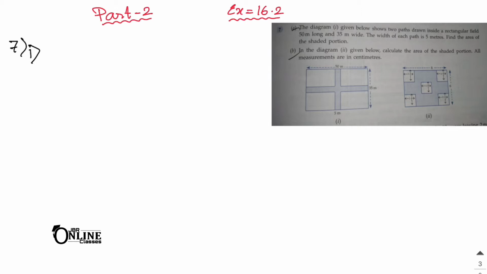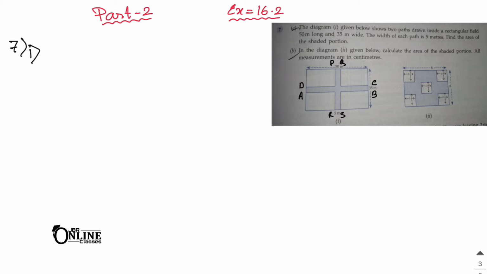So suppose this one here is A, and that one B, C, D. And here this one PQ, this one here RS. So first you have to find out the total area of the rectangular field.